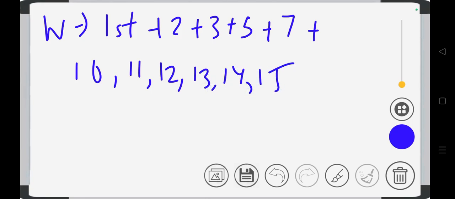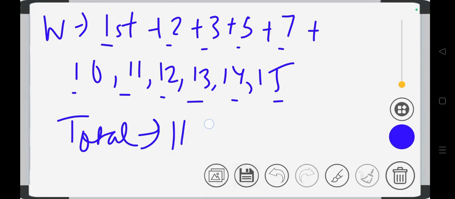So in total how many we got? We got 1 2 3 4 5 6 7 8 9 10 11. Total 11 terms we got as value true.